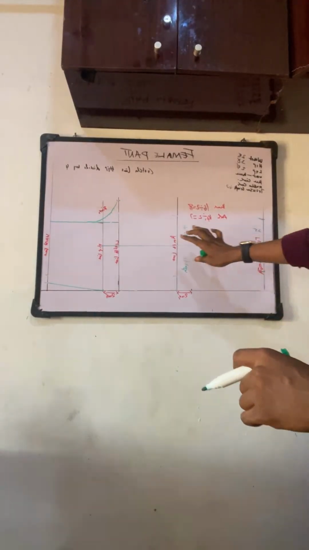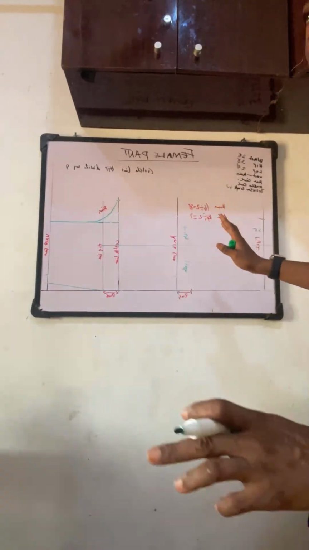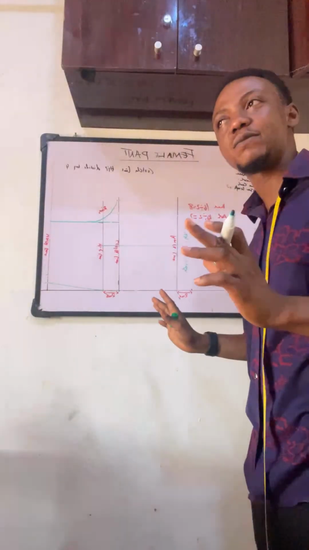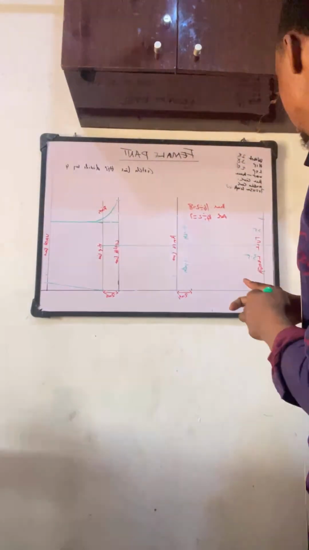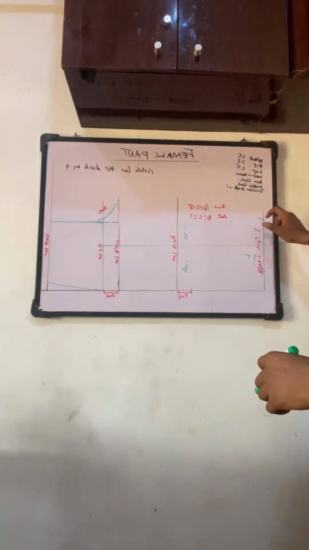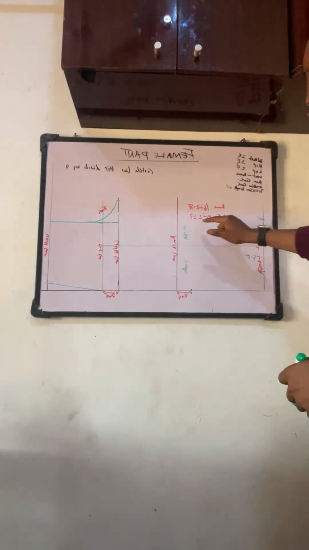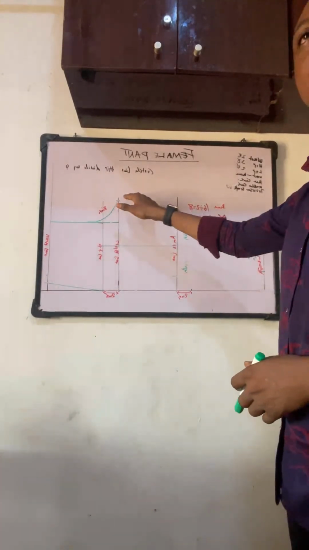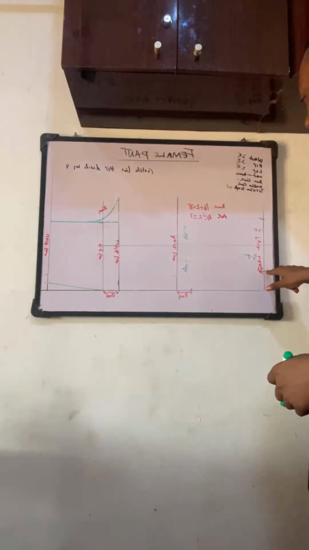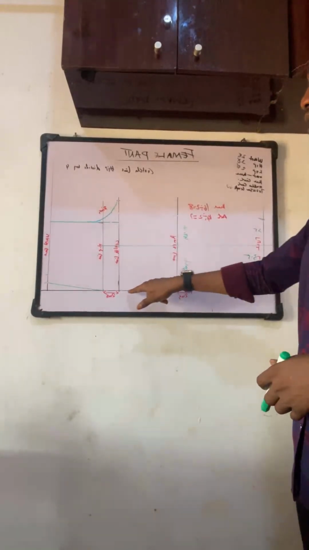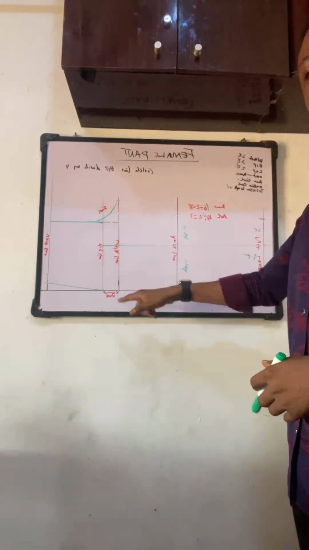So they will be equal, right? Nobody cheating anybody. Everybody will collect your own 3.5. So we are going to join this line to this line and to this point.